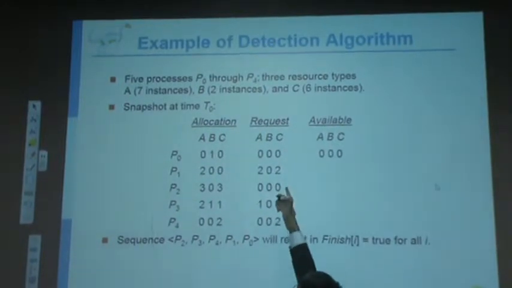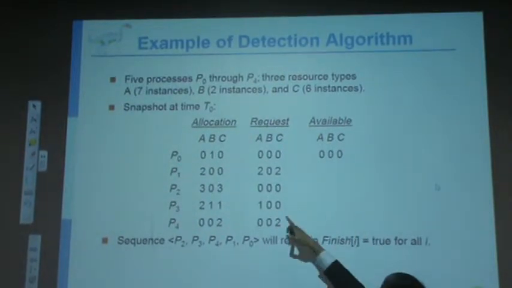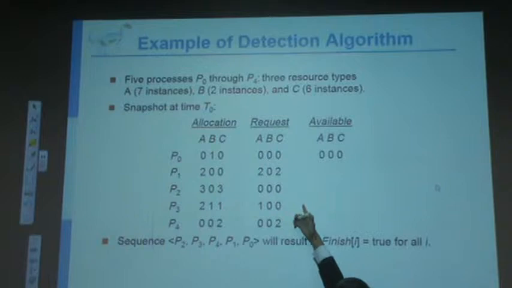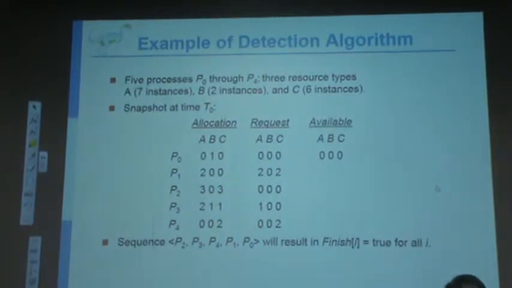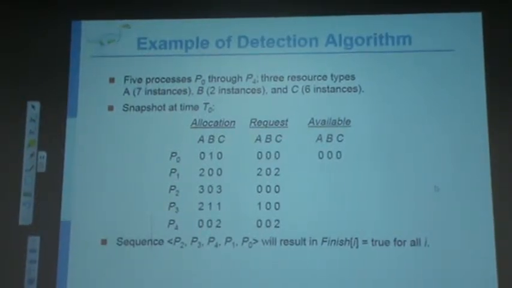So I think the only option is P0, right? Because you do not have available. P0 is 0, 1, 0. Can you find any process needing less than 0, 1, 0? No, you cannot find one for the next process, which means it may not be in a safe state. That means it is in an unsafe state. Does it mean it's always a deadlock? No, you cannot guarantee. Sometimes deadlock, sometimes not. So the operating system recognizes there might be a chance of deadlock, and you need to solve that problem.